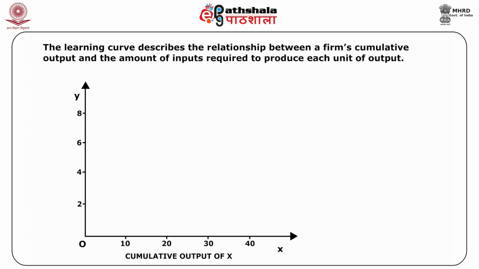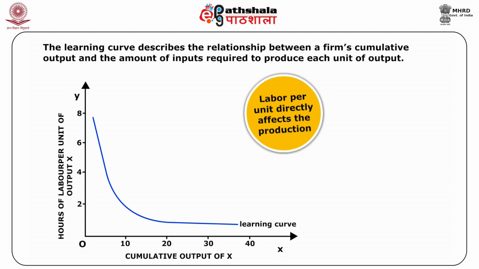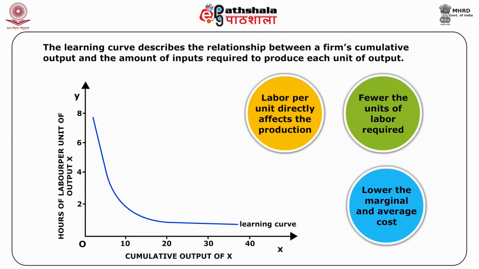The y-axis shows the number of hours of labor needed to produce 1 unit of x. The figure shows a learning curve for the production of commodity x. The labor input per unit of output directly affects the production cost because the fewer the units of labor required per unit of output, the lower the marginal and average cost of production.